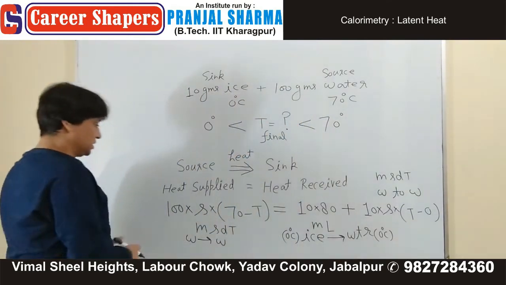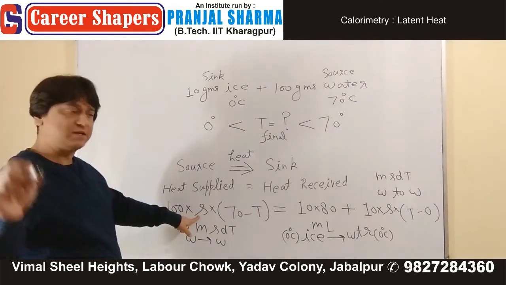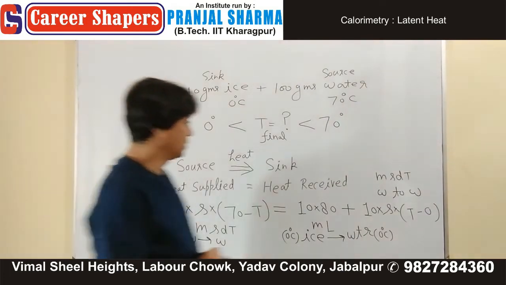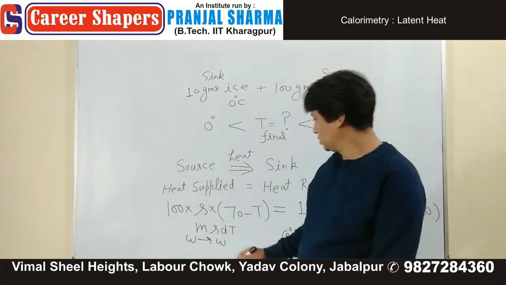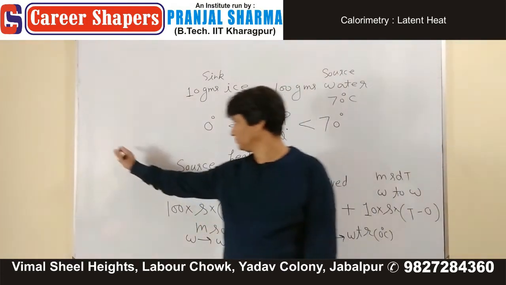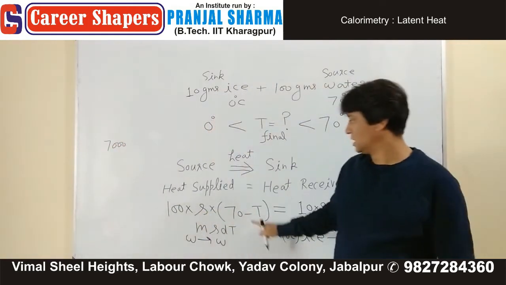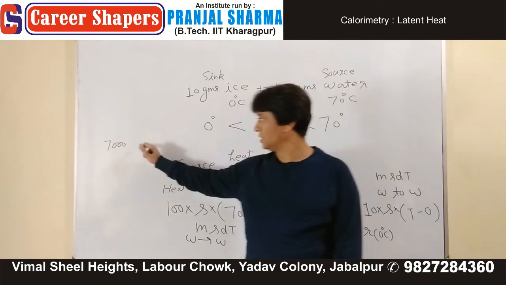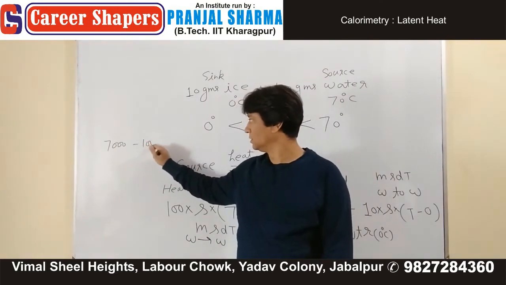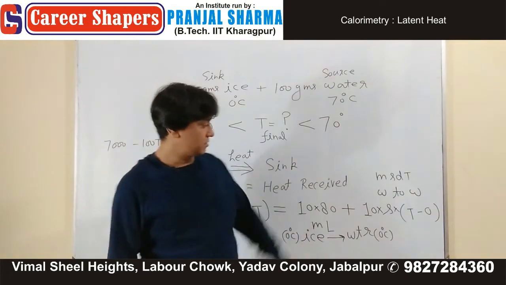Now when you solve this, you know the specific heat capacity of water. Mass specific heat capacity of water is what? 1 calorie. So when you put this value, you get S as 1, this is 7000 minus 100T, which is equal to what? 800.